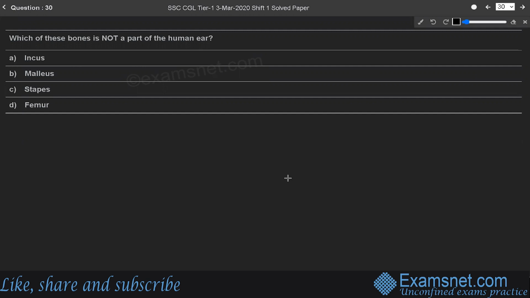So what do you think must be the right option for this question? See, let us understand all the options one by one. First option is incus. It is anvil shaped. It also connects malleus and stapes and transmits vibrations between them.